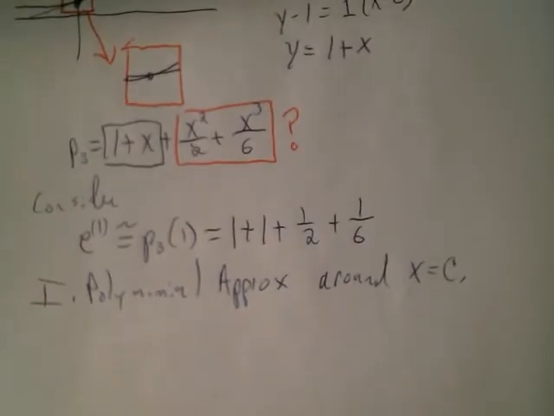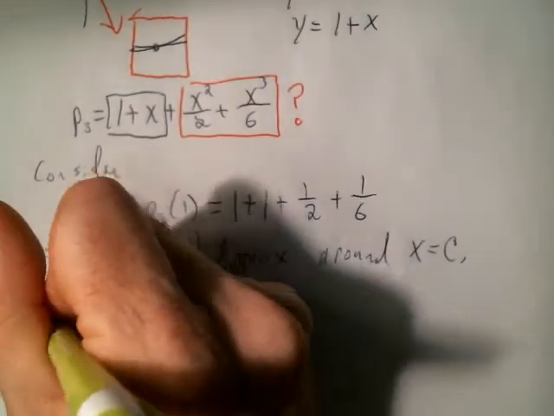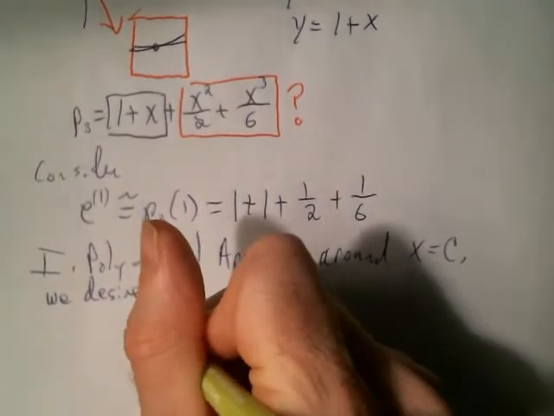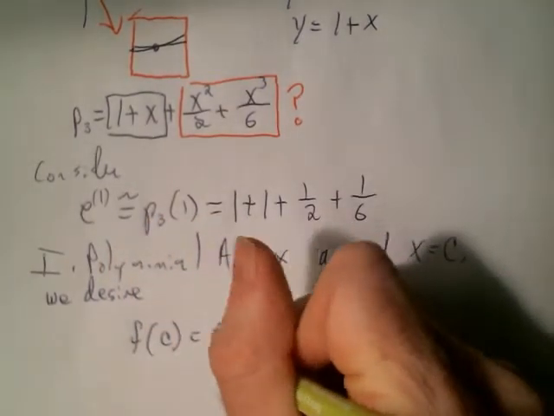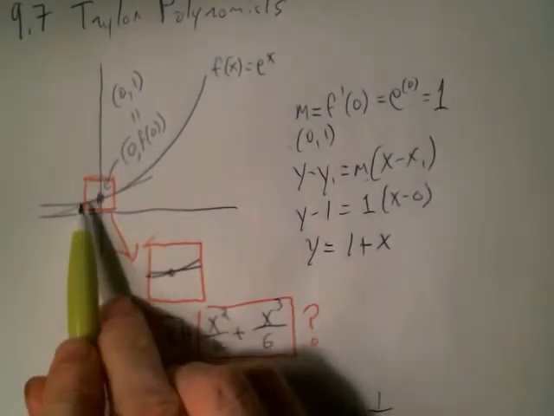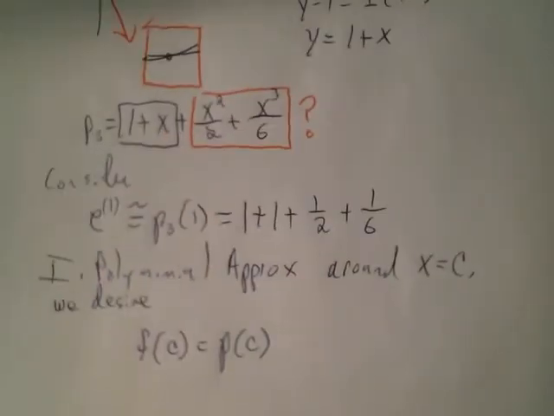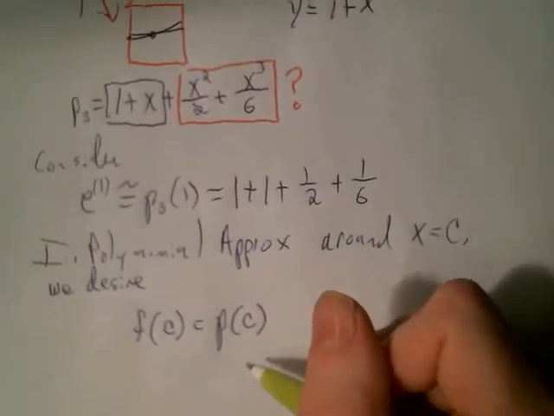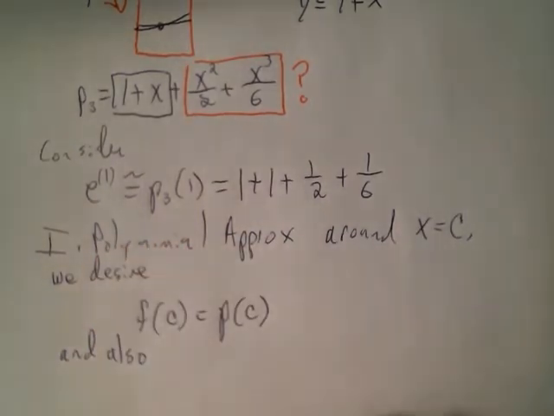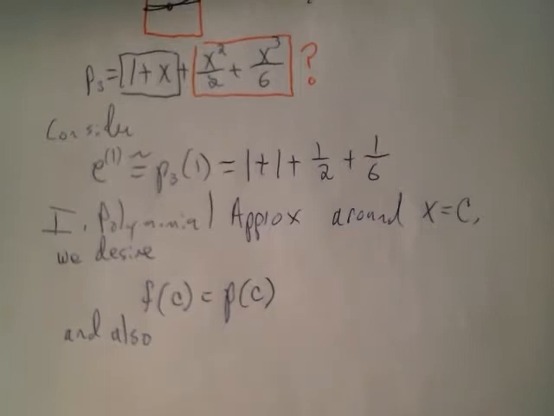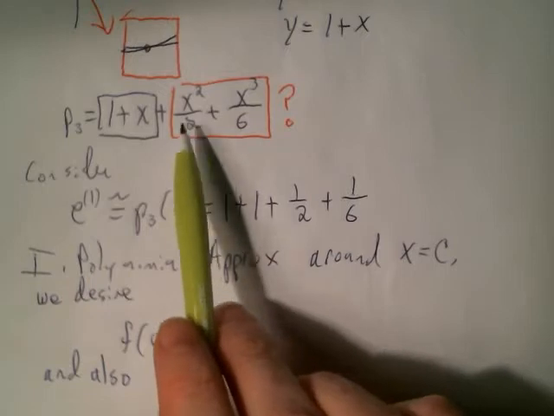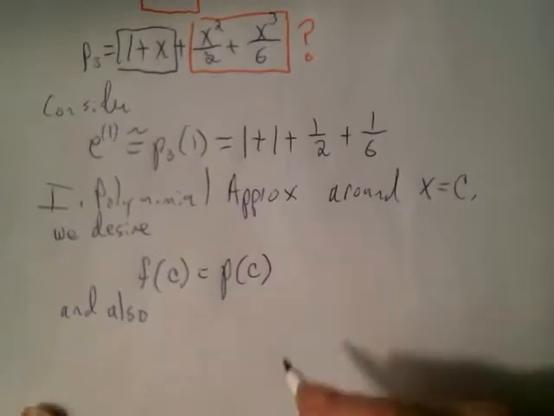So what do we want with our polynomial? We desire that the function evaluated at c and the polynomial evaluated at c are going to be the same. In other words, this point is the same on the line and on the function. Okay? So we desire this to be the same. And also, it would be nice if all the derivatives would be the same too. And it becomes kind of a system of equations that we can solve for these coefficients. And that's kind of where it's going to happen.